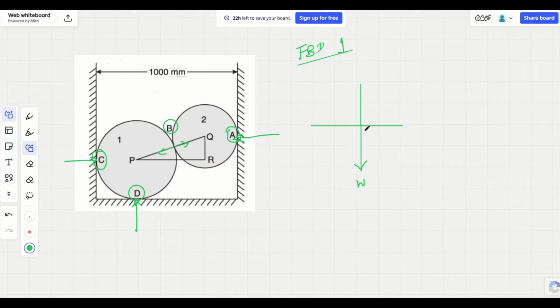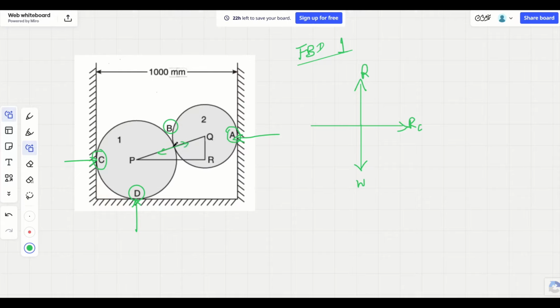Then here for sphere 1, what is the force? This is RC, moving in this direction. Any other forces acting? Yes, RB and the D reaction. This is moving upward, so this is RD.